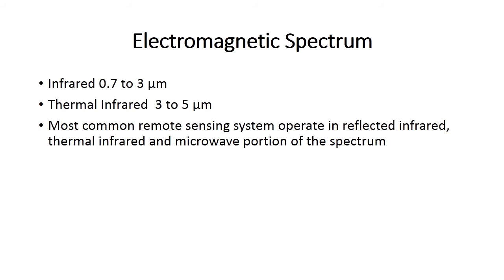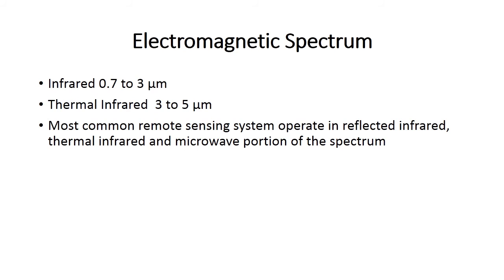So students, from X-rays, gamma rays, visible rays, infrared, thermal portion, microwave portion up to radio waves, the electromagnetic spectrum consists of various wavelengths and frequencies.